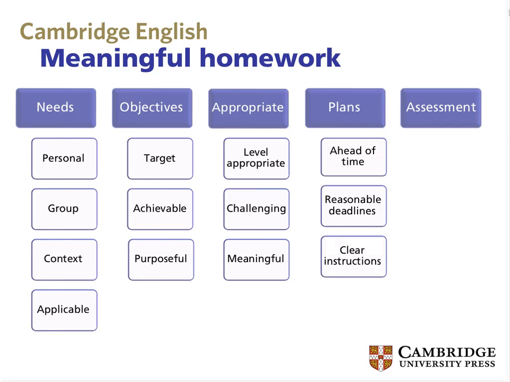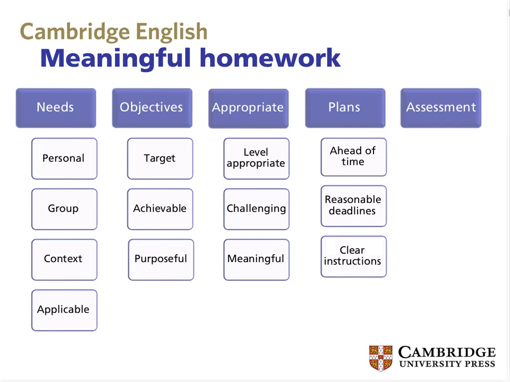Also, clear instructions are a very core factor in homework tasks and in the process of meaningful homework, because we need to make sure that our students understand what they are expected to do, but also what they are expected to achieve. They should have that clear in mind.